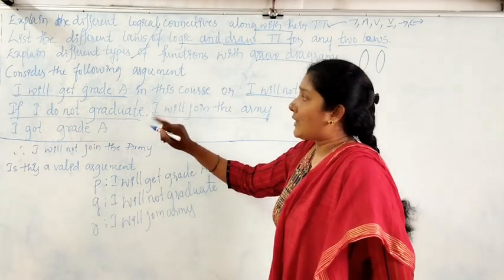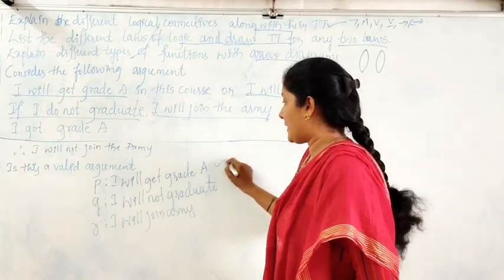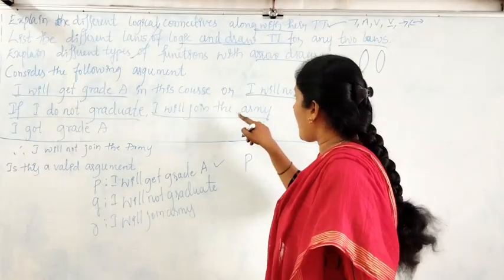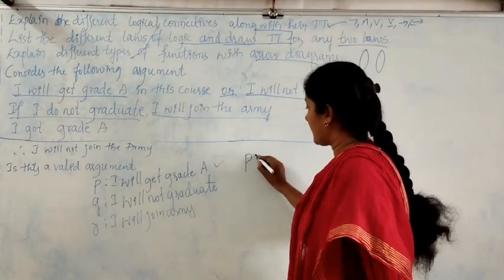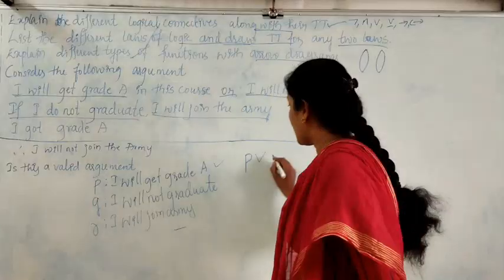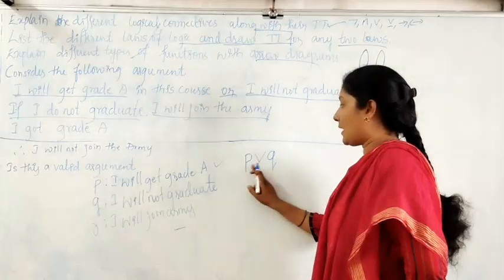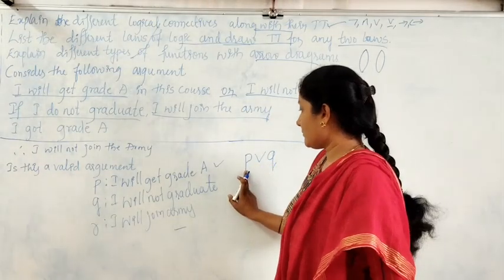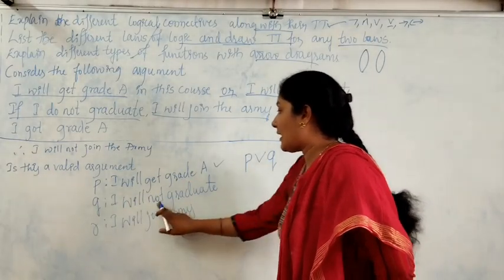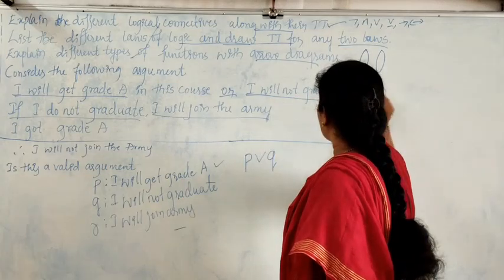Now, see here, we have to write this in the form of propositions. I will get grade A means proposition P, in this course, or I will not graduate, Q. P or Q means I will get grade A, or I will not graduate. This is completed.